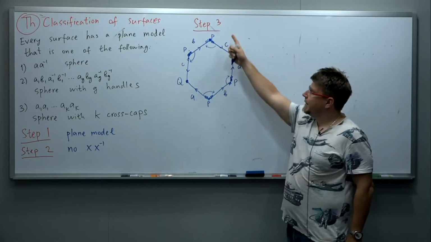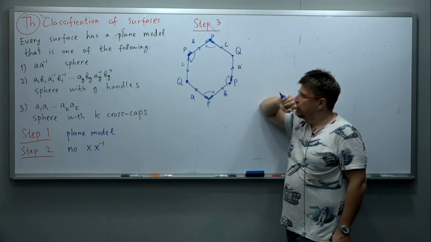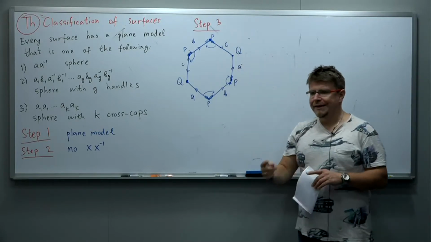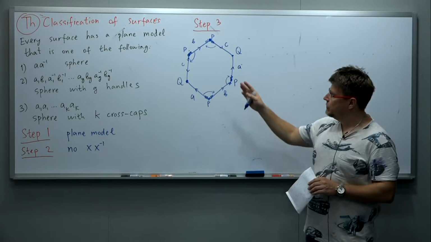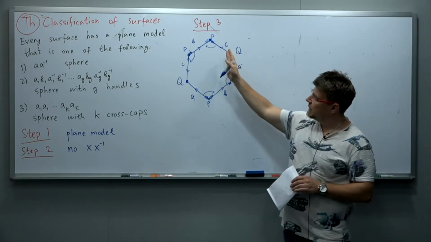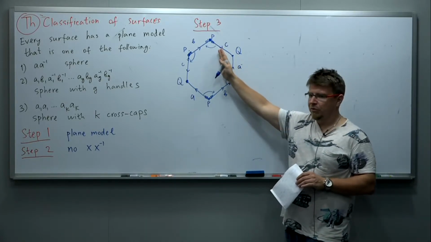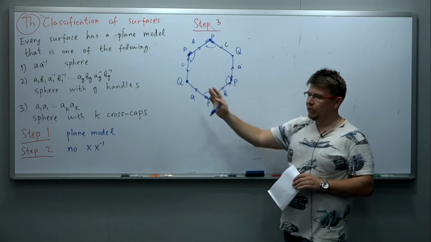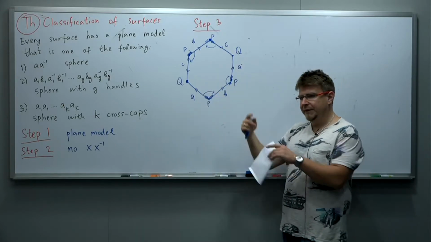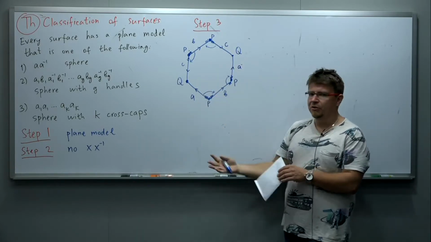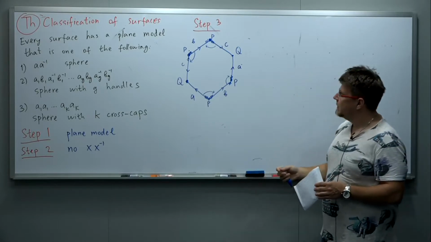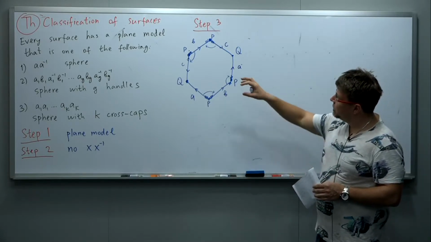Well, in step 3, we're going to reassemble our surface. So we're going to cut some part of this polygon, and then we're going to glue it back in a different way to change this number.